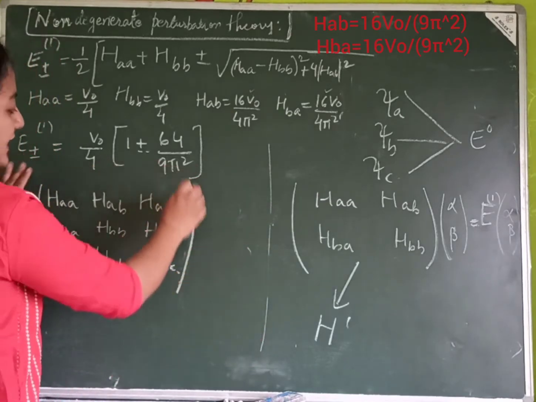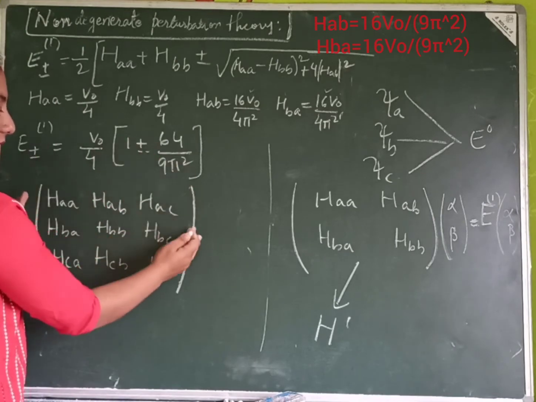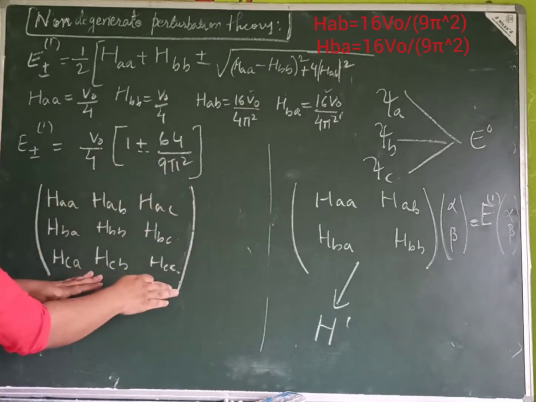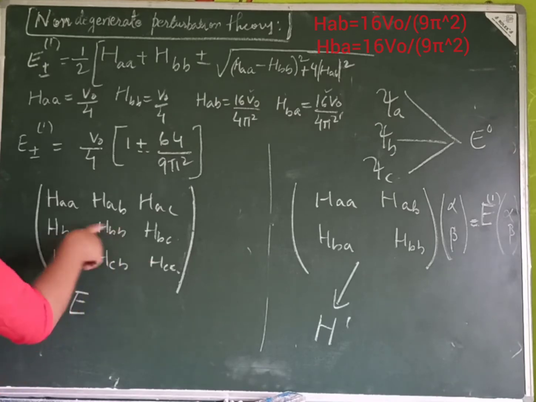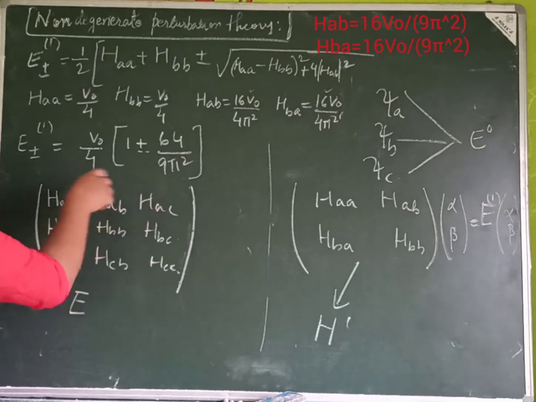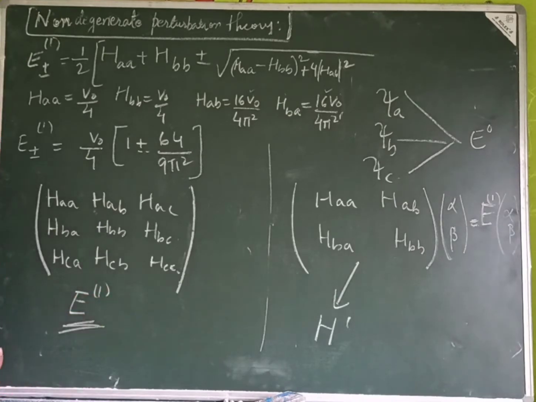If you calculate each of the matrix elements and find the matrix, then the eigenvalues of this matrix give you the first order correction.